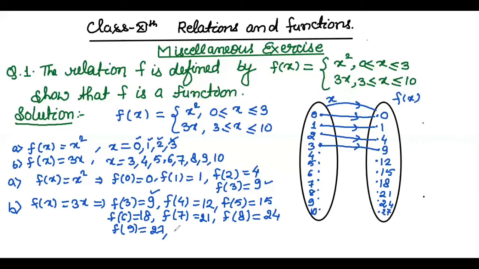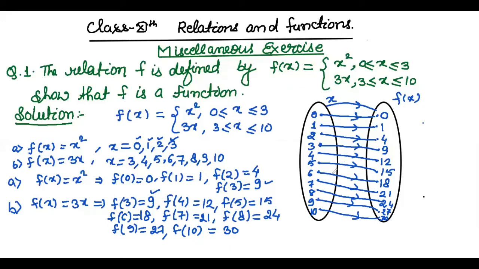And last one f of 10, 3 into 10, that will be 30. Now 4 is connected to 12, 5 is connected to 15, 6 to 18, 7 to 21, 8 to 24, 9 to 27 and 10 is connected to 30. So you can see every element of the first set has one and only one image in the second set. So this is a function.